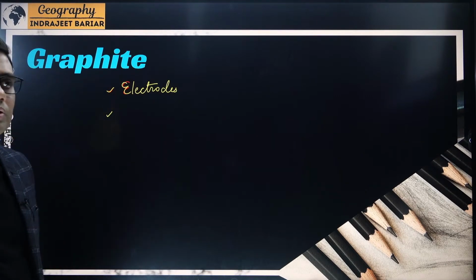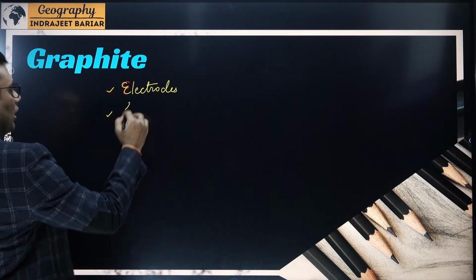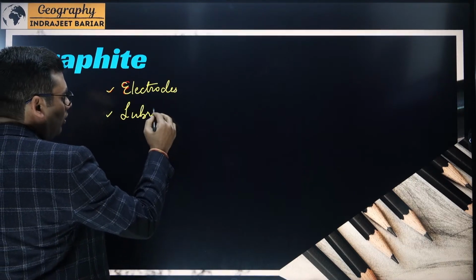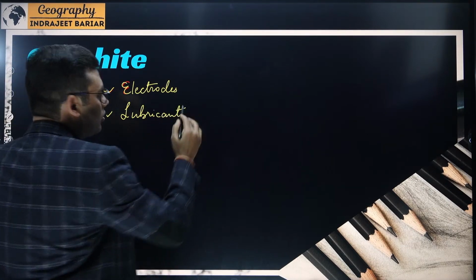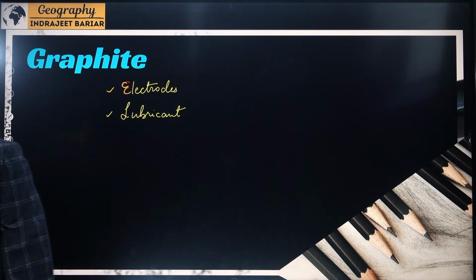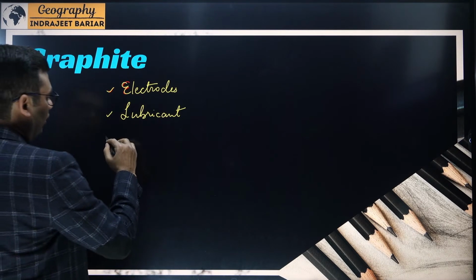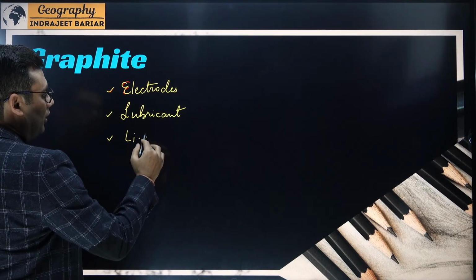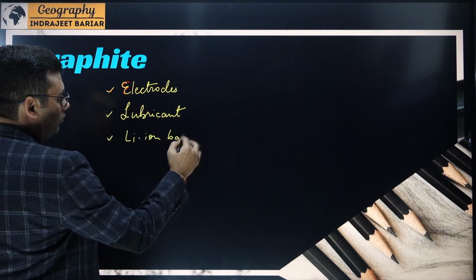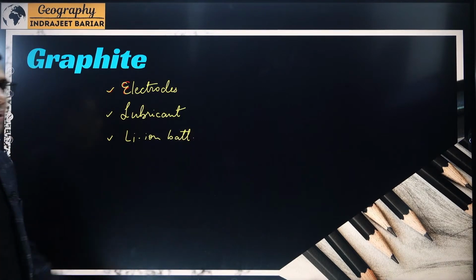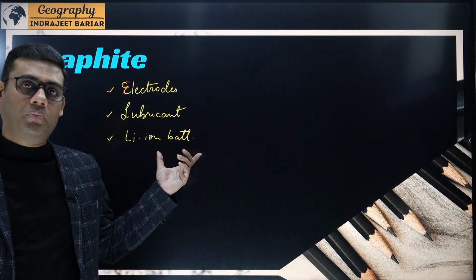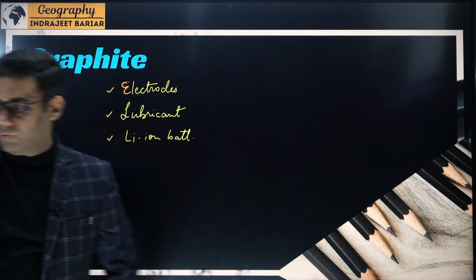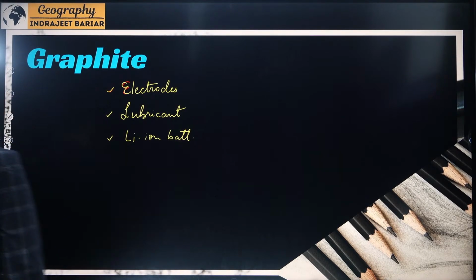Along with electrodes, graphite can be used as a lubricant, a solid, powdered lubricant. Then another important use is in lithium ion batteries, and this is a very important use which makes it significant with respect to technology.